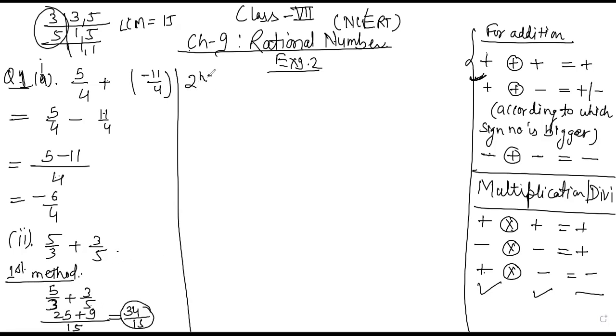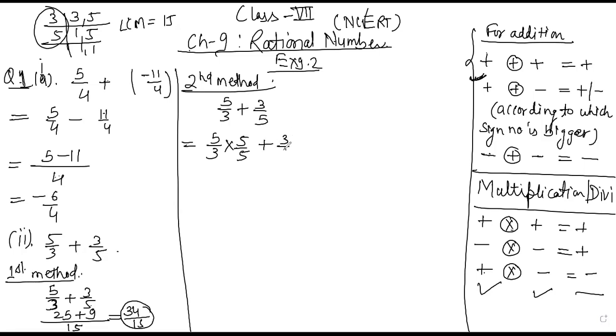And second method, let me solve also second method. Write down the question. 5/3 plus 3/5. You just make the denominators same. So multiply this number 5 here, means denominator of first number will multiply to the second number, and the denominator of second number will multiply to the first, divide and multiply both to the first rational number.